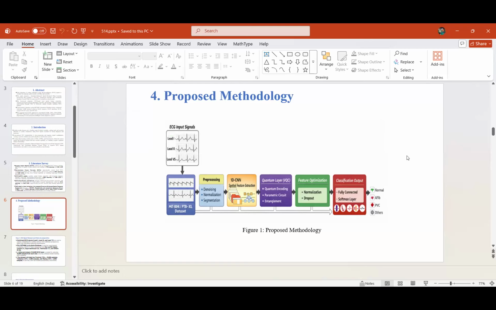The quantum layer performs quantum encoding, a parametric circuit, and measurement. After that, we optimize the features. Then the output is classified into four categories: normal, AFIB, PVC, and others. So this is the proposed methodology.